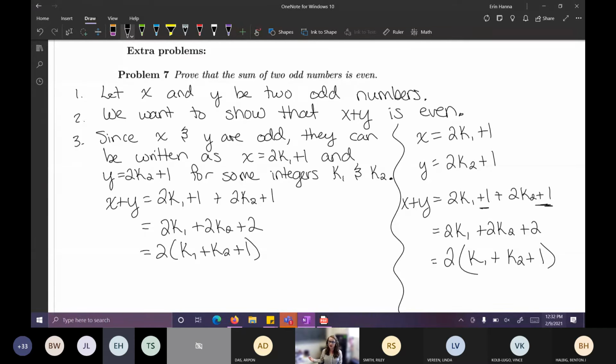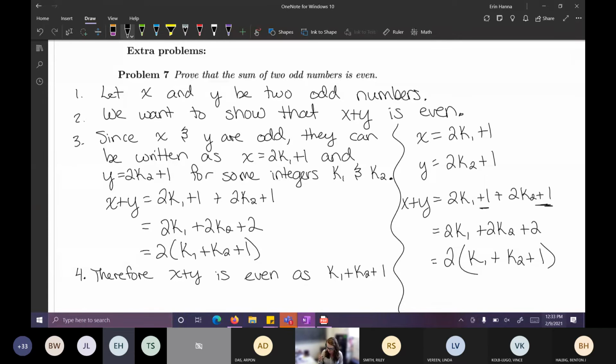So now we essentially just need to tell them that we have an even number. So we would say something like, therefore, x plus y is even as k sub 1 plus k sub 2 plus 1 is an integer by axiom 1. So I'm sorry, I'm taking a bit different of a format than I would do before.